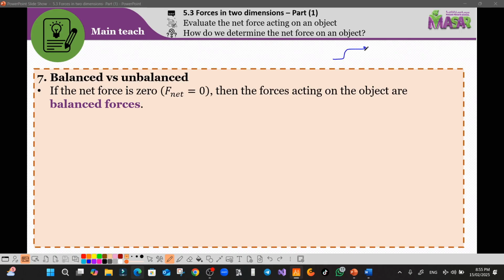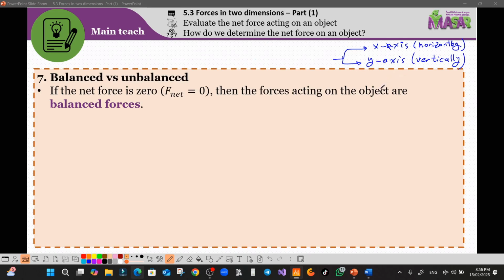The forces can be balanced along the x-axis, or horizontally, and they can be balanced along the y-axis. So if we add the forces along one of these axes and we find that the F net there is zero, then we can say that we have balanced forces along the given axis.